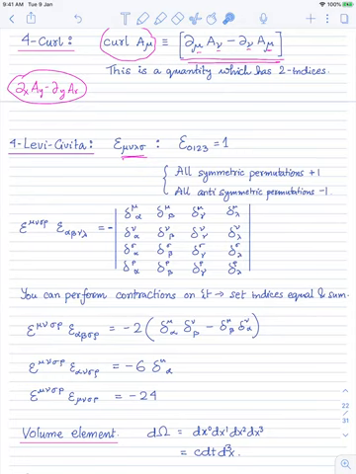So it's defined in the usual way: delta mu alpha is equal to 1 if mu equals alpha, and equal to 0 if mu is not equal to alpha. It's the usual definition of the delta, although I have written it with an up index and a down index.